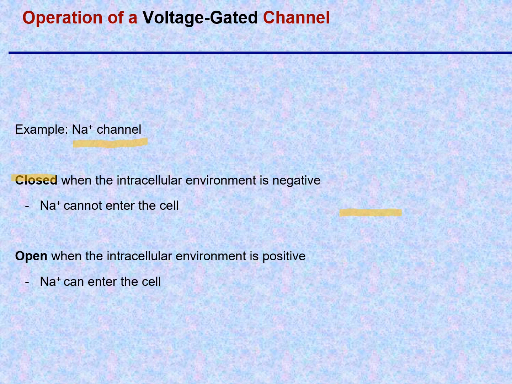Now sodium is a positive ion or electrolyte, and it is attracted to a negative charge, but there's no entry point for it. You have to have some sort of sodium channel open, and if the inside is negative and below a certain threshold level, then sodium channels aren't open and the sodium won't enter.